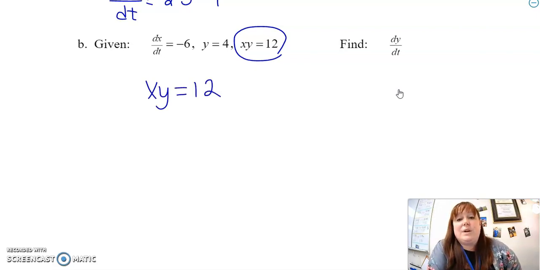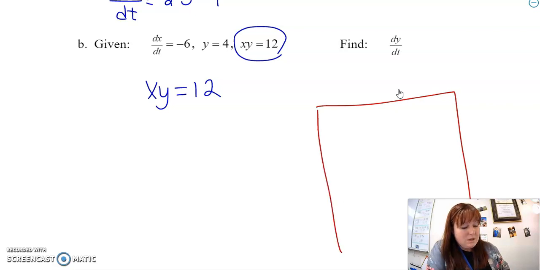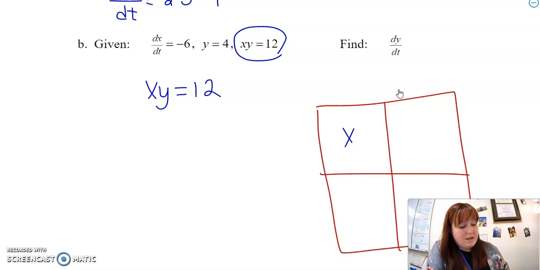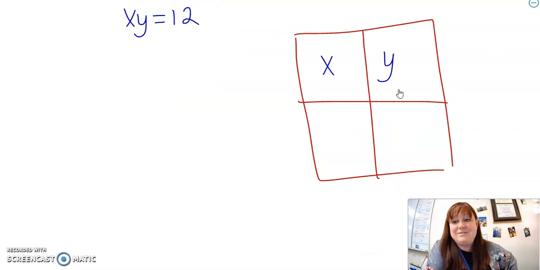Now I need to find the rate of change of y with respect to t. So you notice that this is a product. So I'm going to use the product rule. So I have x and y. What is the derivative of x with respect to t? This is tricky because the derivative of x normally in the past has just been 1, right?